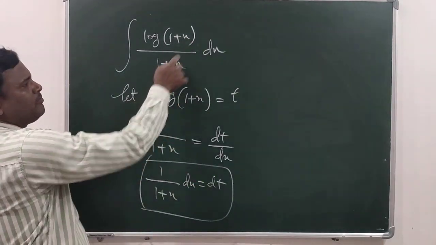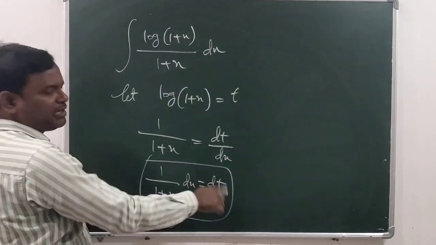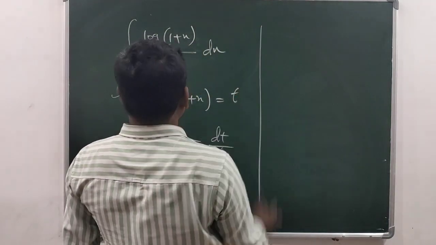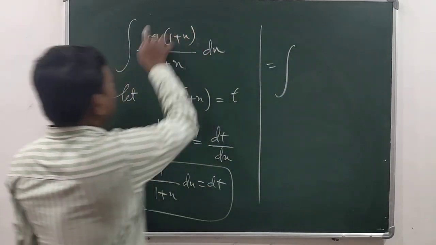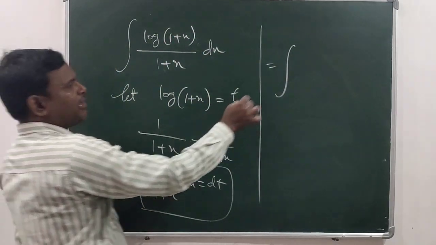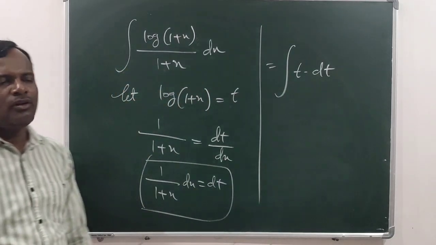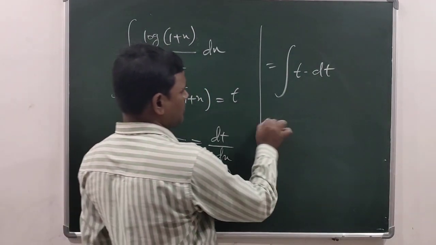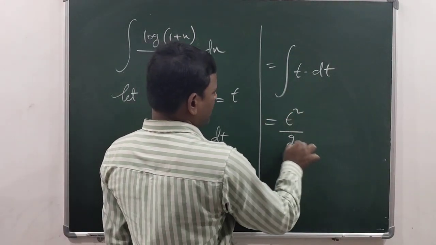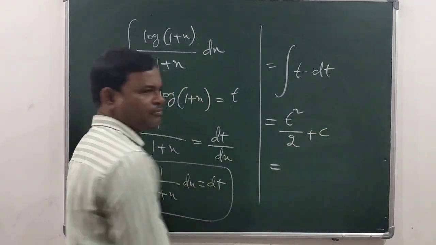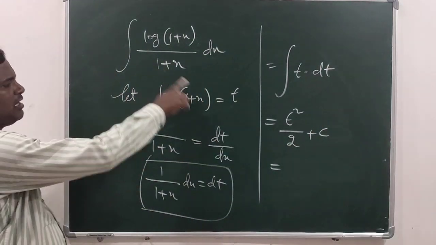Now go here. 1 by 1 plus x dx can be written as dt, and now it is taken as t, no? Now write here t into dt. Now find whose integration? t square by 2 plus c you will get. Now t is nothing but what?